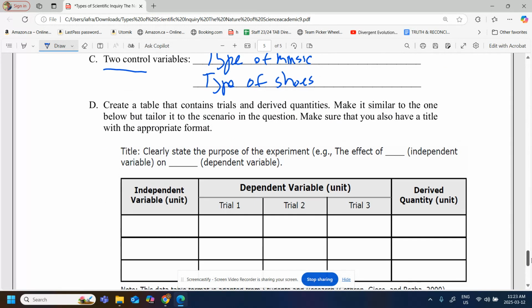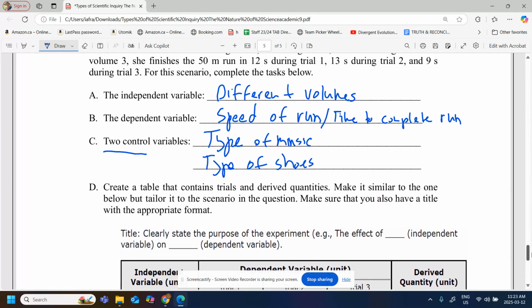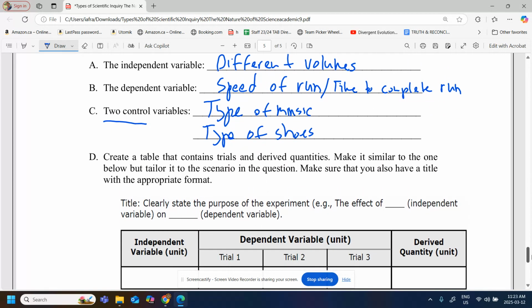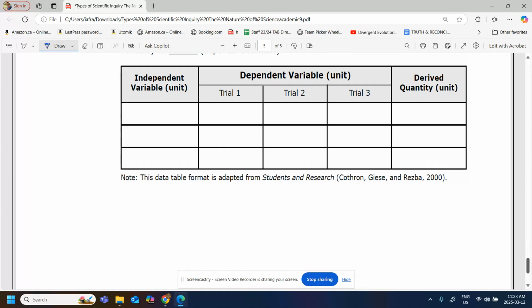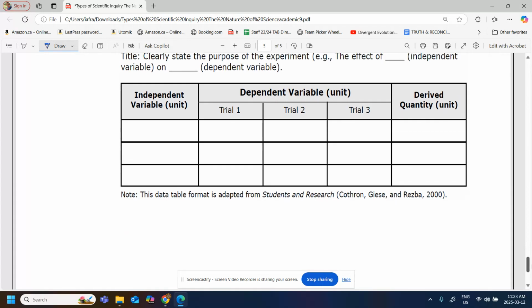So now the difference here is we're going to try to make an observation table, but with derived quantities. This observation table, the title will be the same that we normally see. So we'll call this our third observation table in this lesson.